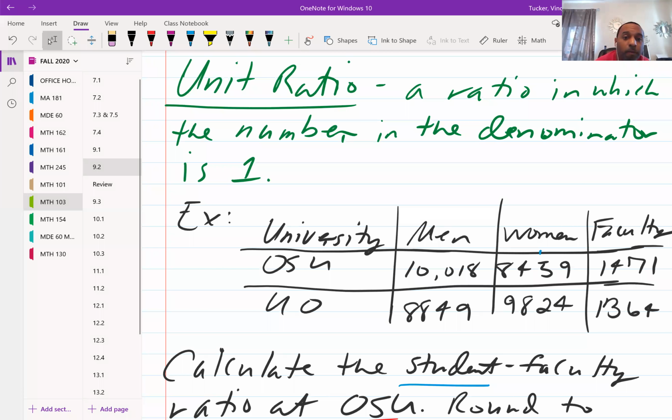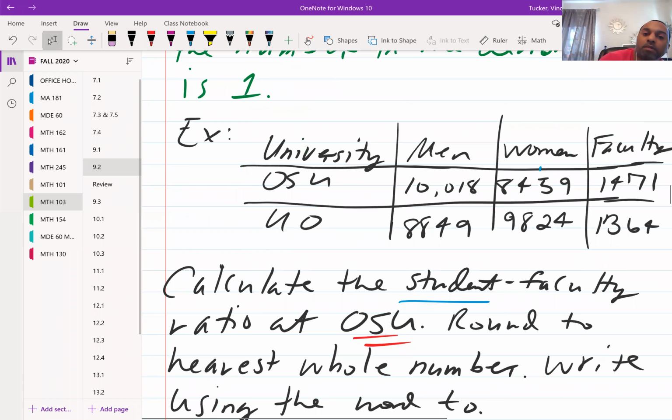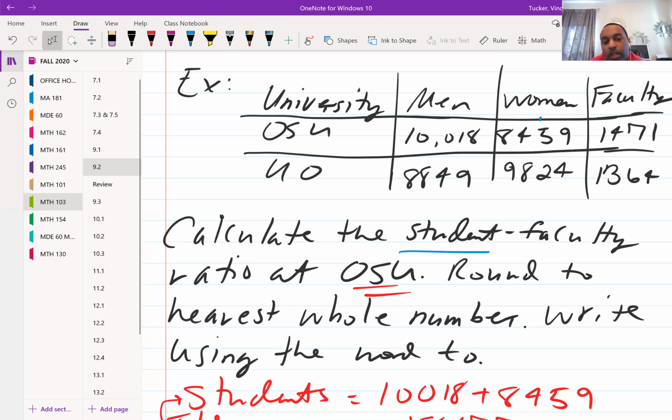All right, so looking at this next one, they give us a mini chart. They give us a university, I believe that's Oregon State University, and then the University of Oregon, OSU and then UO. And they give us the number of men, number of women, and then the number of faculty. So talking about men students, women students, and then faculty. It says calculate the student faculty ratio at OSU.